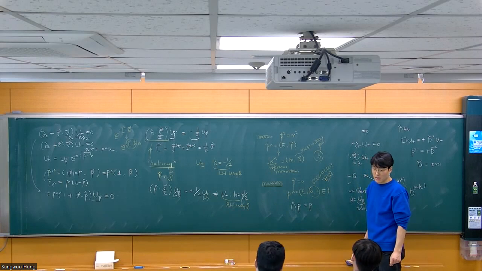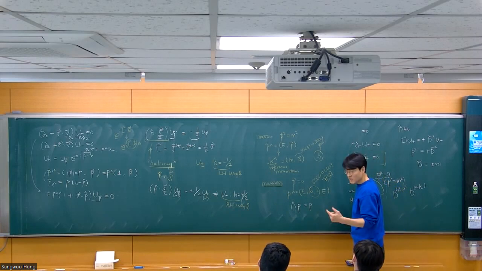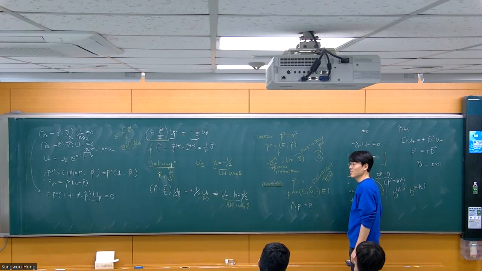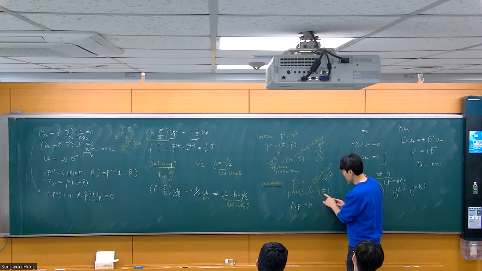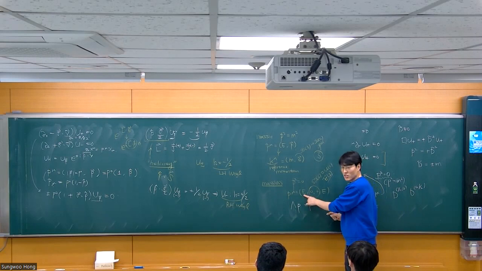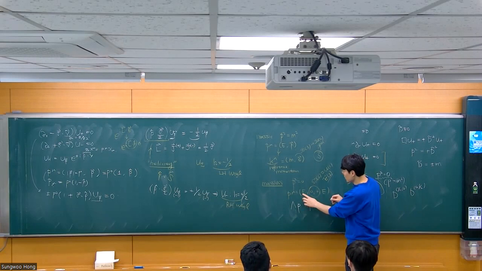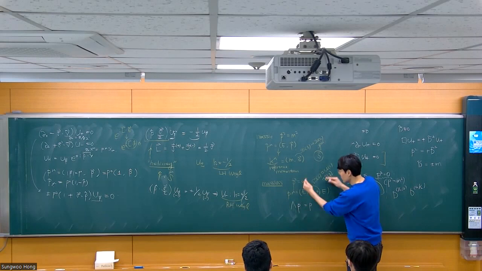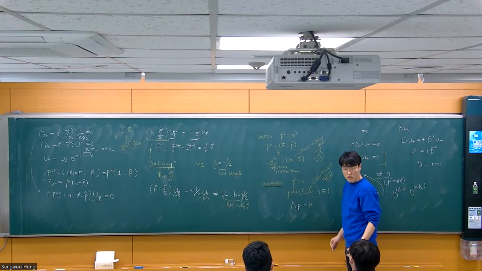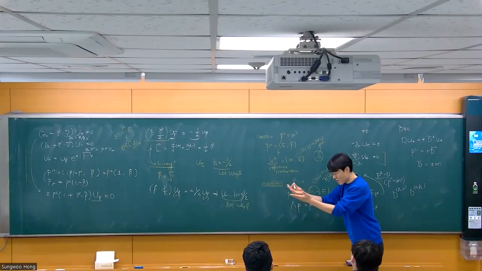I think no, because if you boost, then you certainly increase the momentum along the direction. But for a massless particle, you have to also increase the energy simultaneously. So basically, you will keep the form of P mu, but you will increase the component if you do the boost along it. Right? You just accelerate a little bit.